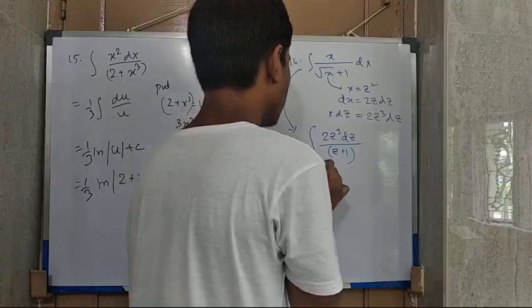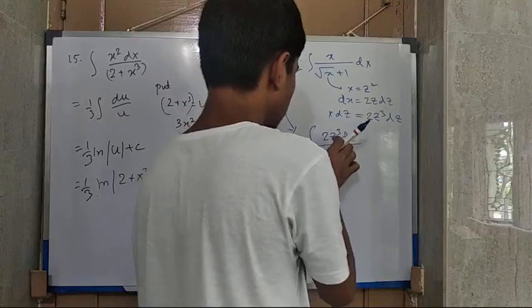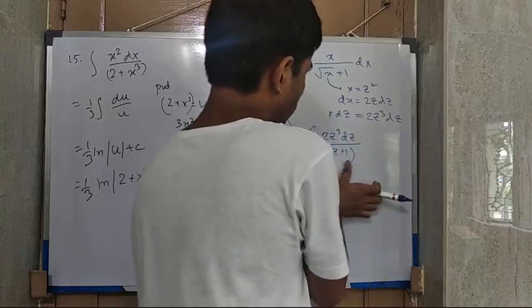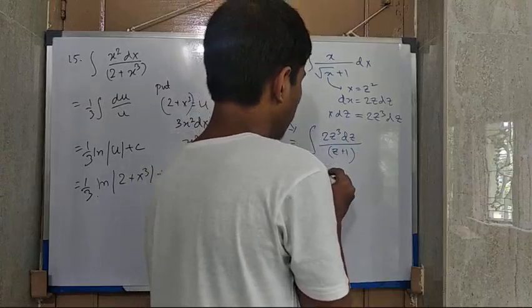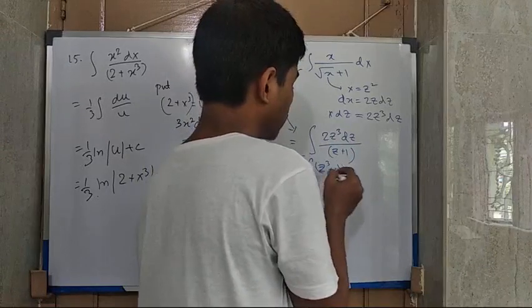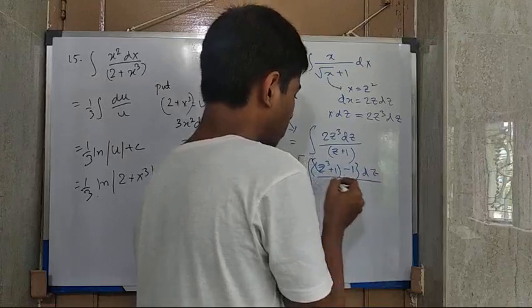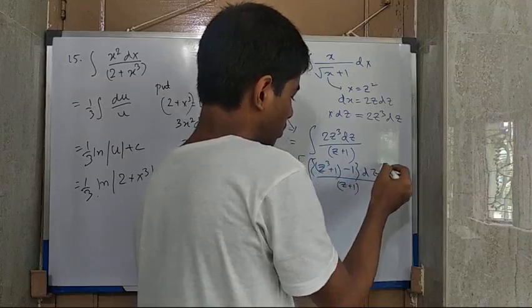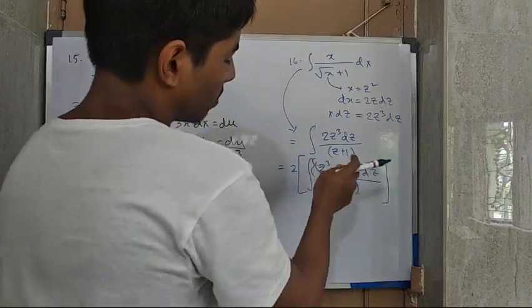So we can just take the 2 out. So this is actually 2 times integral z cube plus 1 minus 1 dz by z plus 1. Why am I doing this?